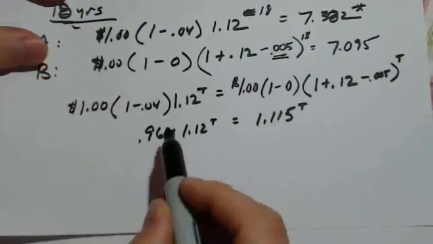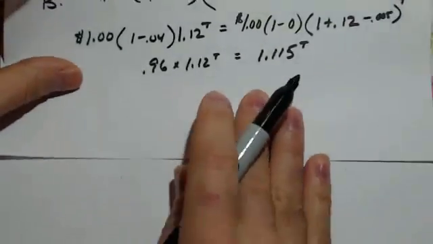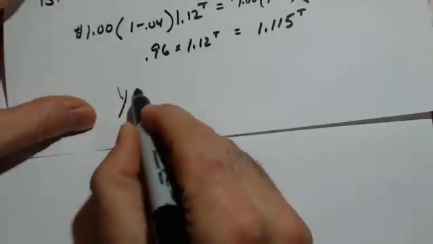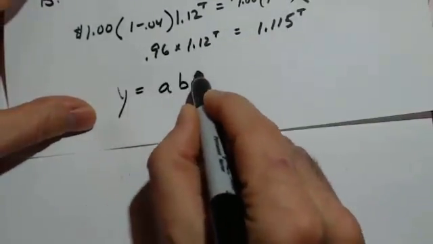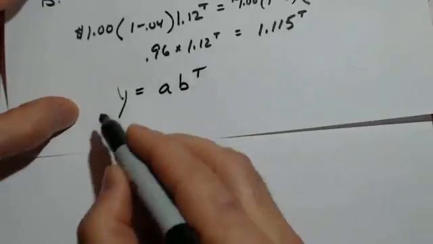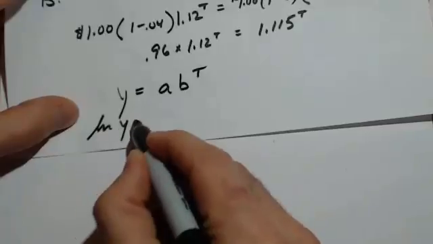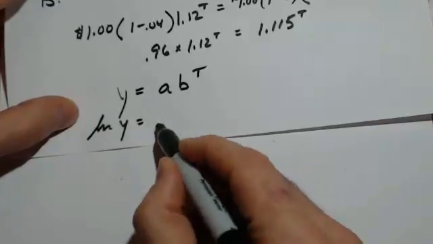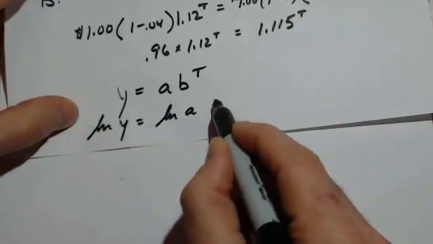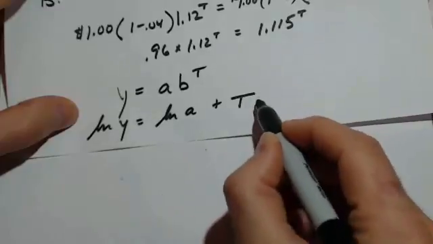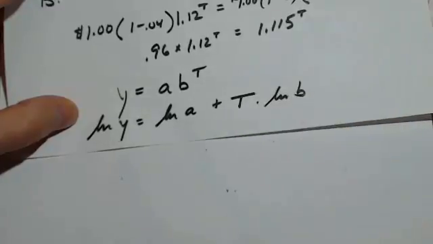I'm going to run out of space in a second here, but let me give you the formula. If you have y equals a times b to the t power, if you take the natural log of both sides, the natural log of y will equal the natural log of a plus t times the natural log of b.